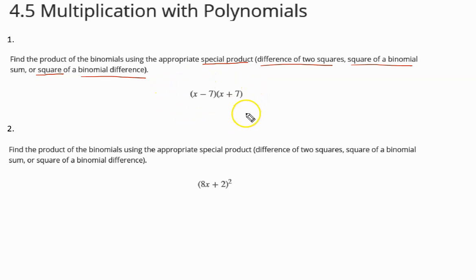So as we look at this first one and copy it down, in a sense it's the same terms in each binomial, but one is negative and one is positive. This is often described as the product of the sums and difference of the same terms. Well, this relationship, these are called conjugates. One of my favorite words, so write it down.